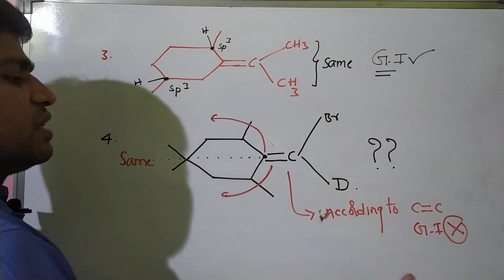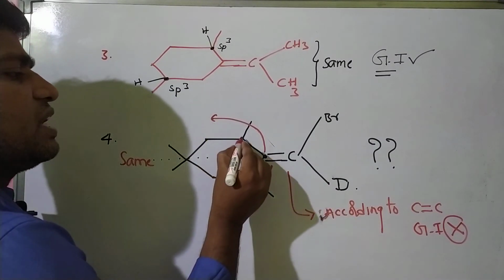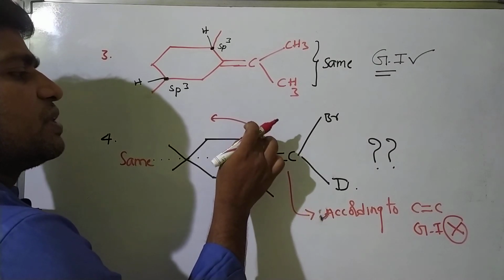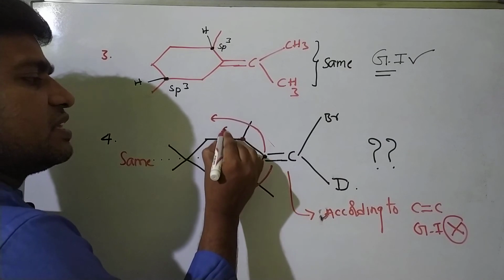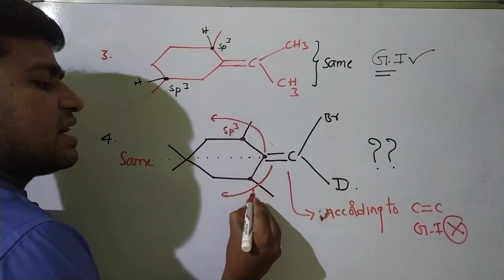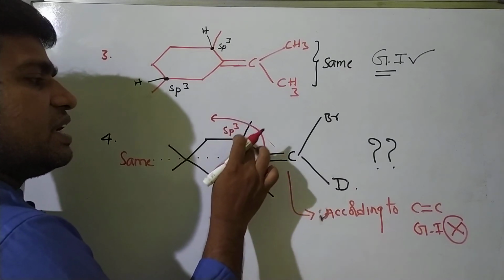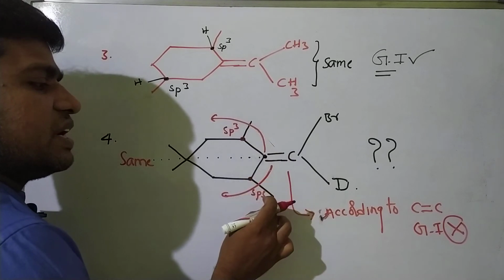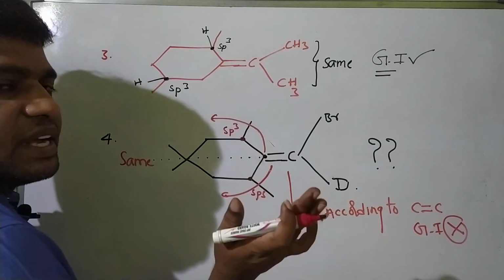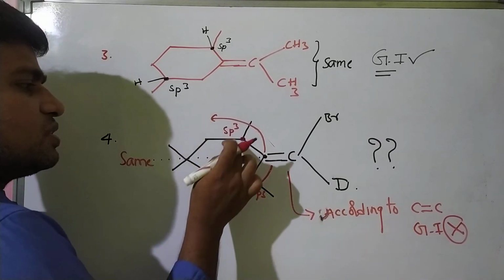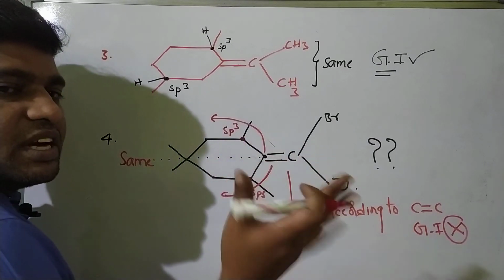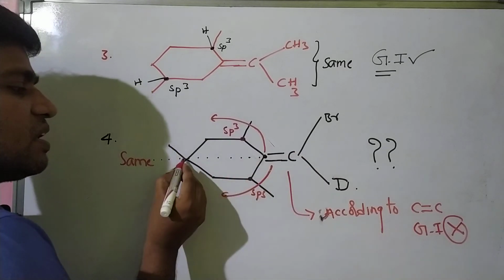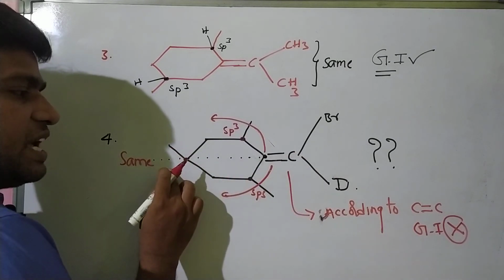Definitely it will give geometrical isomerism, because at this carbon methyl, at this carbon methyl, this is sp3, this is sp3 carbon, this again sp3 carbon. So A not equal to B, C not equal to D. Cyclohexane by itself does not give geometrical isomerism because these two groups are same.